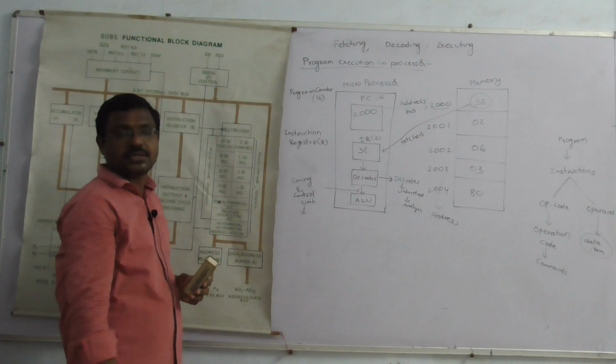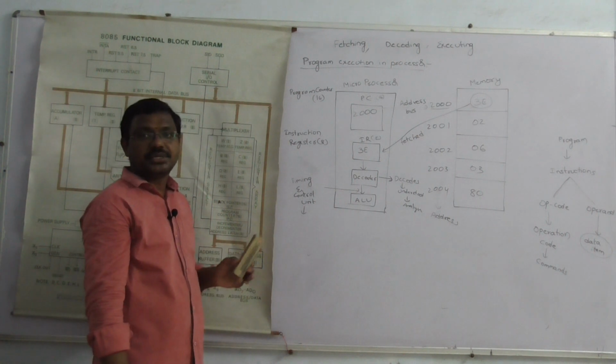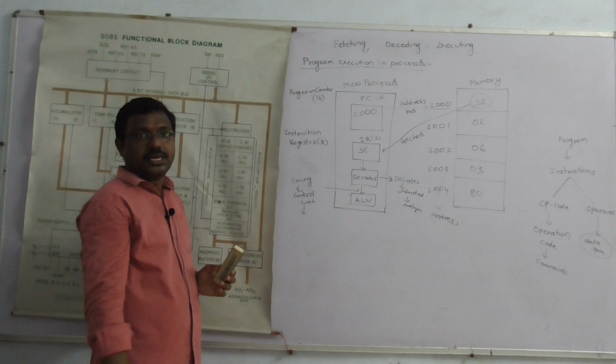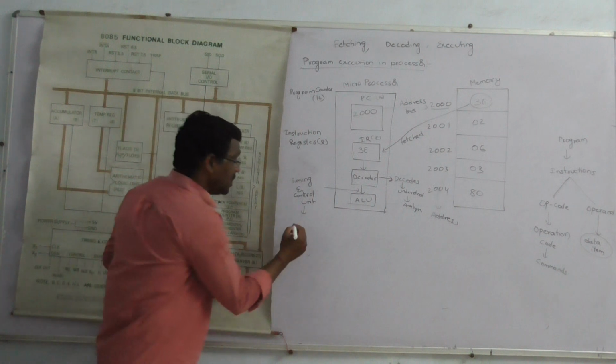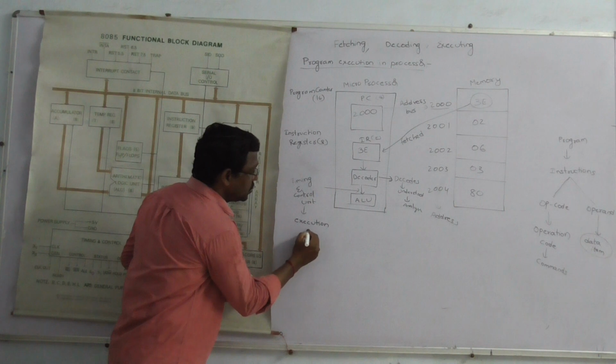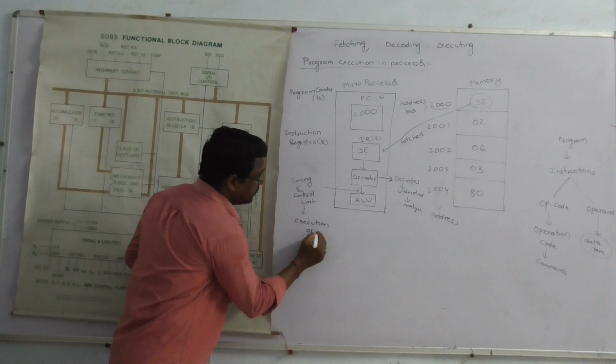What is the use of the timing and control unit? PC means program counter, which is one type of register. IR means instruction register, which is also one type of register. Each register can store information temporarily. The timing and control unit provides the timing and control signals necessary for the execution of a program.